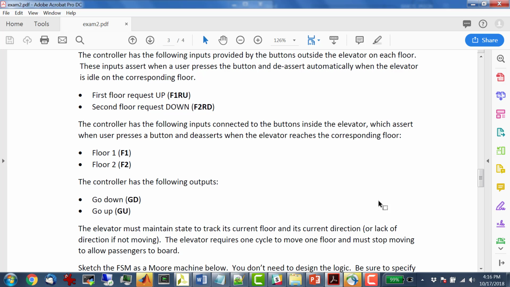And if I'm going up, then I'm going to get to the second floor. It said in the question that it takes 1 cycle to actually move floors, so I can unconditionally go from there to there, and likewise from there to there. And that's it.